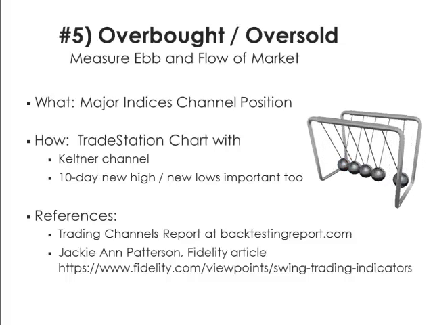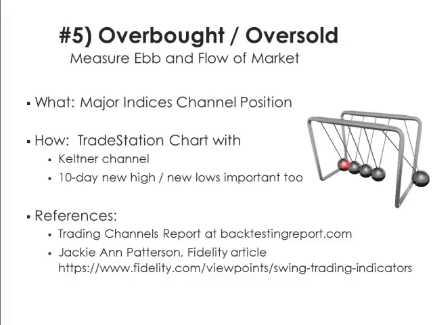Okay, the 5th thing to look at is overbought and oversold. It gives us a way to measure the ebb and flow of the market, because even when it's moving along on a major trend, it's still going to have variations up and down. So I look at the channel position on the daily chart of the major indices, and I can show you that on a TradeStation chart.